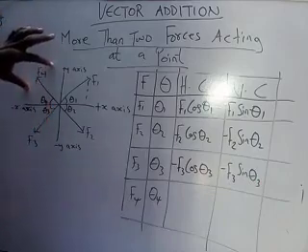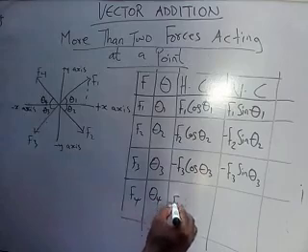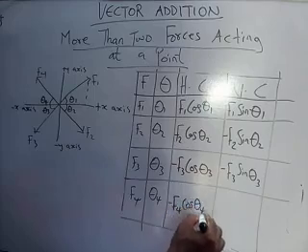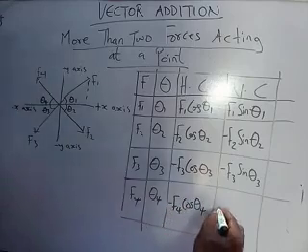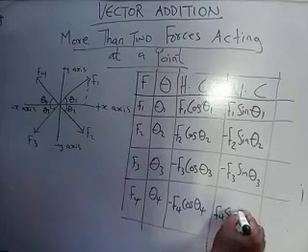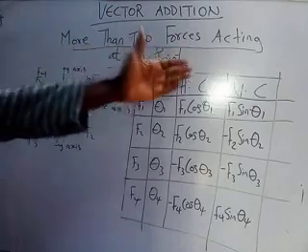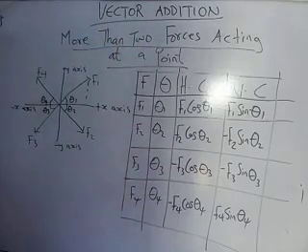Drawing my F4, horizontal is negative, so minus F4 cos theta 4. Vertical is positive, F4 sine theta 4. So that's how it goes. You now add up your horizontal, which is your X, and add up the vertical, which is your Y.